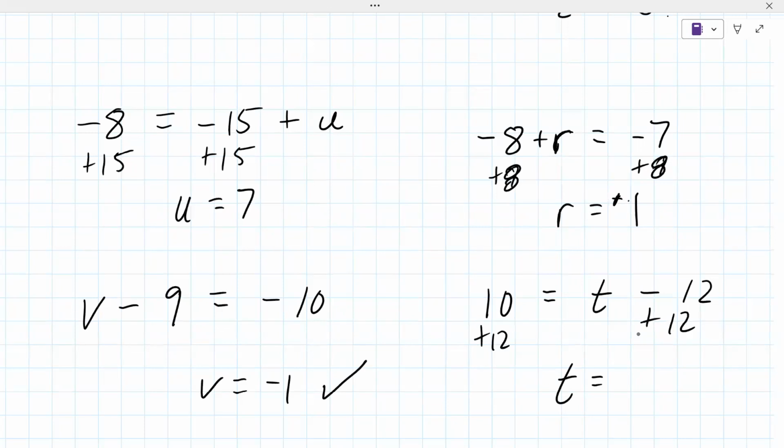Adding 12 to both sides. What is 10 plus 12? They're the same sign. What I got was 22. Yes, it is 22.